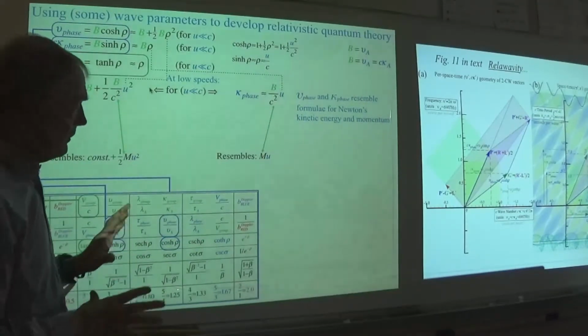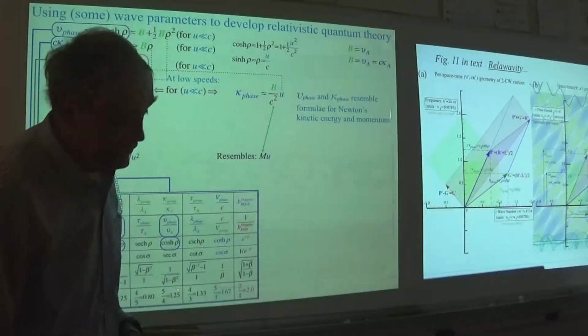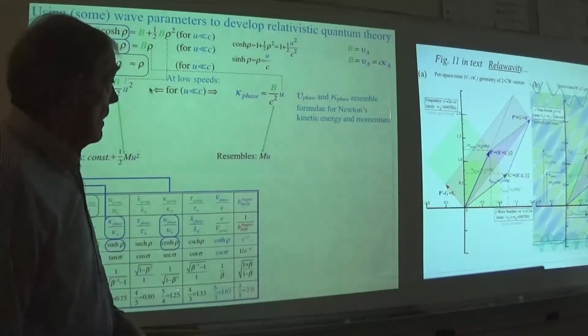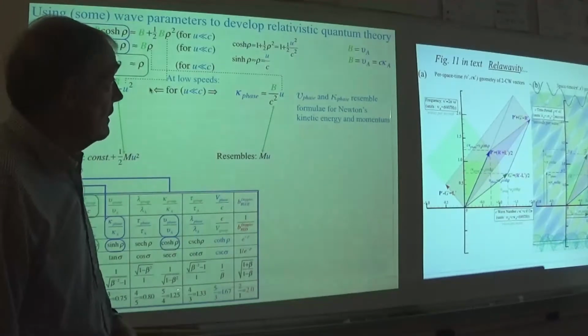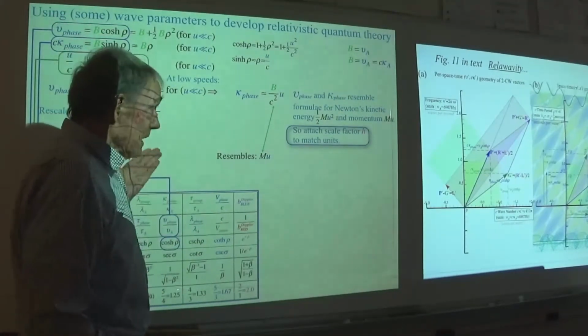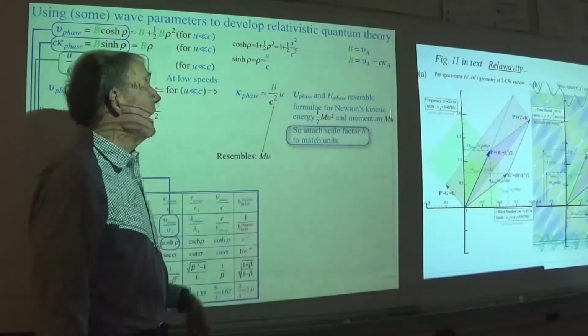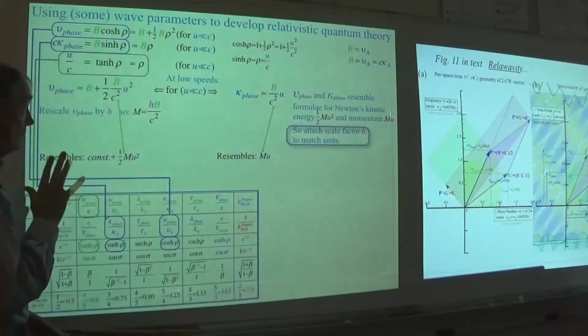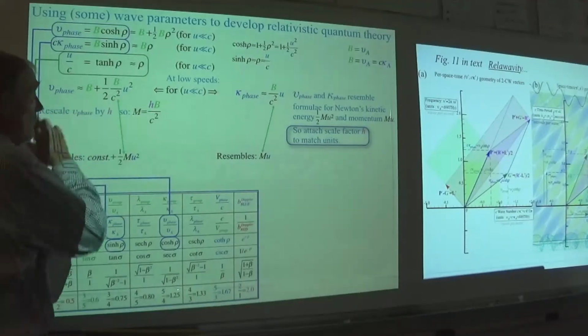So this is where this takes a weird turn, and the basic idea is that I'm going to do here is, well, I've got to match those units. I'm going to put a factor h just to get the right unit.